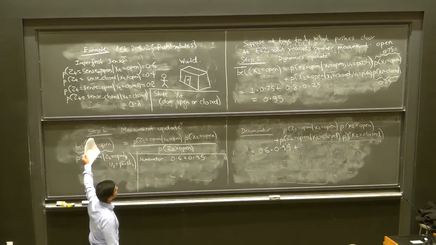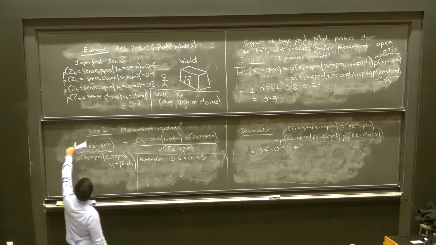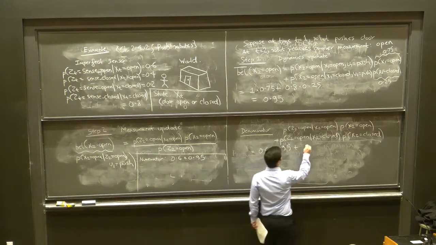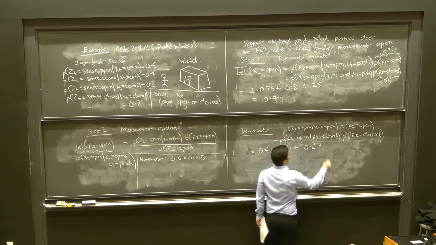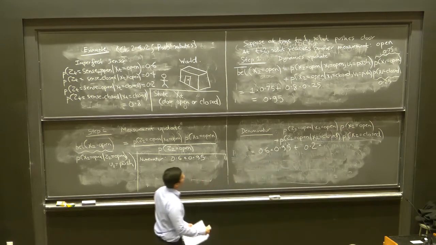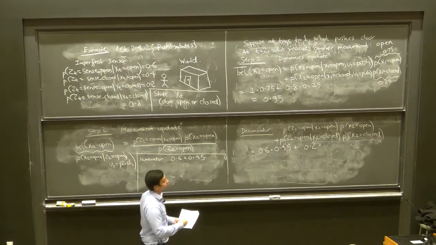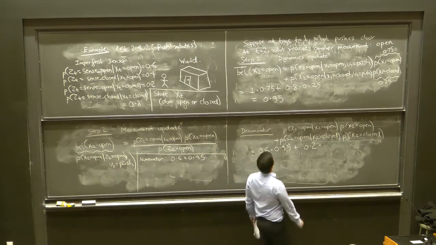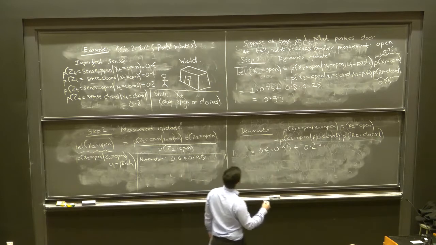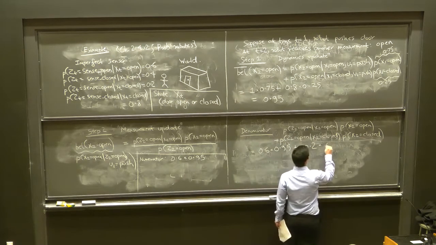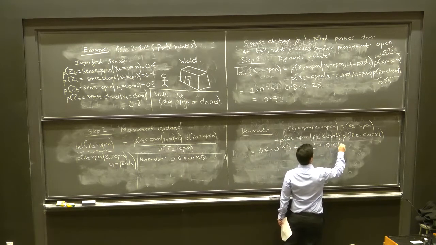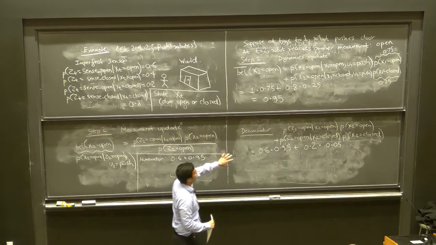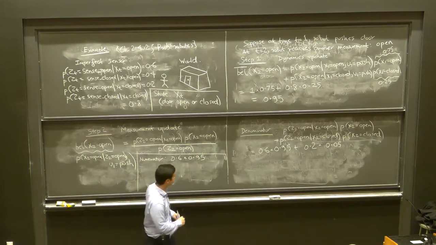The probability that the door is sensed to be open, given that the door was closed, was 0.2, multiplied by our prior belief before we incorporated the sensor measurement that the door was closed, which was 1 minus 0.95, which was 0.05. So 0.95 was the belief that the door was open, so 0.05 is the belief that the door is closed.